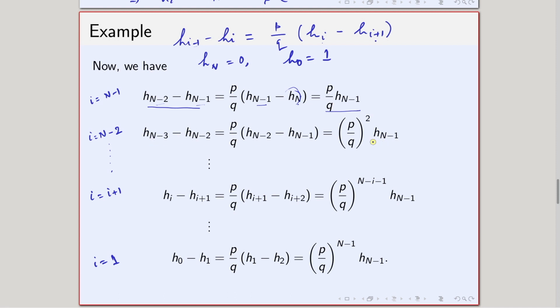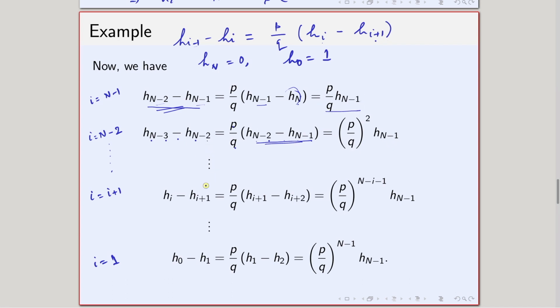Now look into the second equation: Hn minus 3 minus Hn minus 2 is the same as P by Q (Hn minus 2 minus Hn minus 1). This quantity is the same as the quantity here, so I can plug in this value, and it turns out to be (P by Q) whole squared multiplied by Hn minus 1.